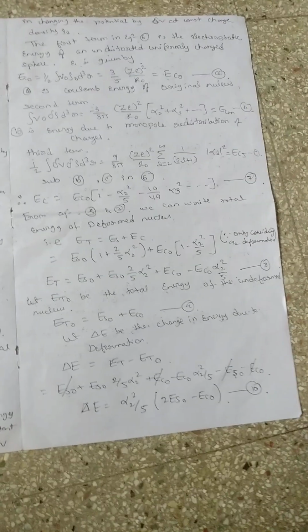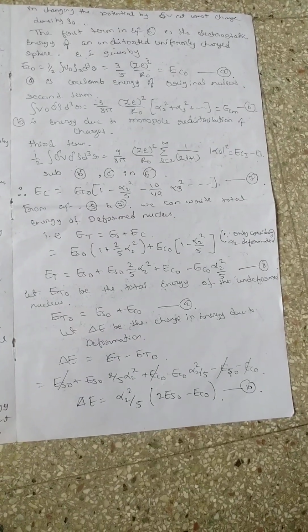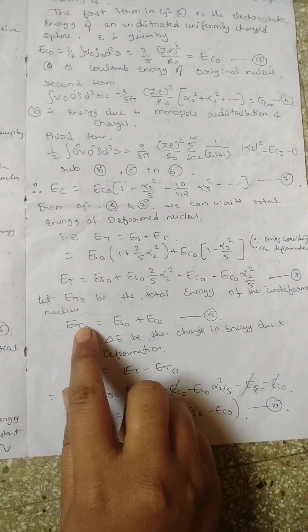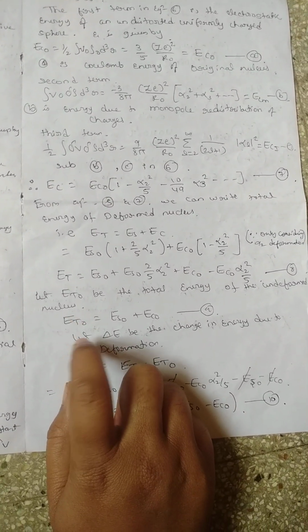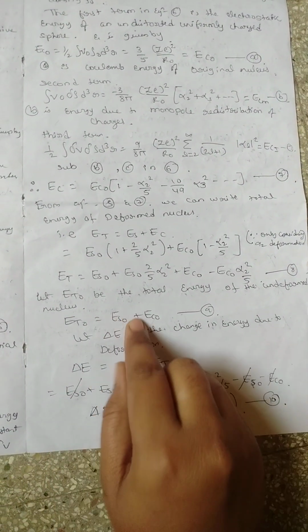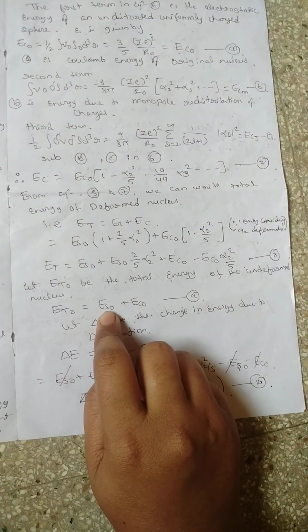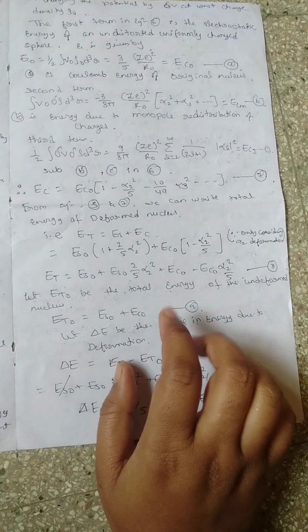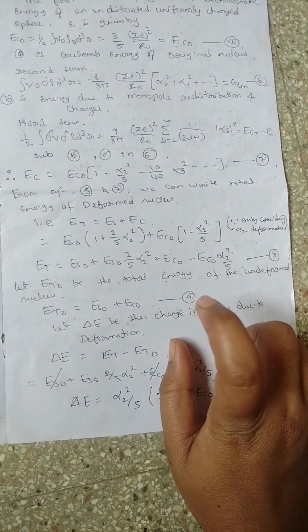How can we write the undeformed energy? The original total energy is equal to the original energy of the surface term plus the original energy of the Coulomb term. Let us consider this equation as 9.